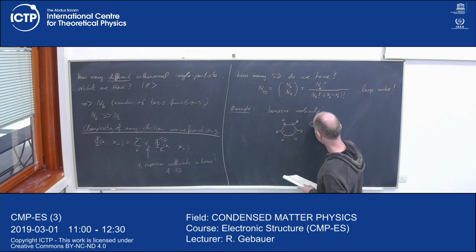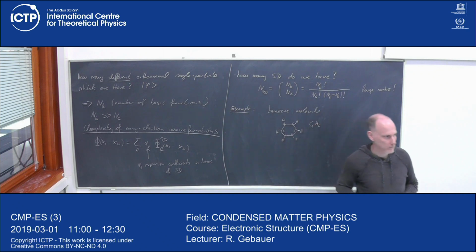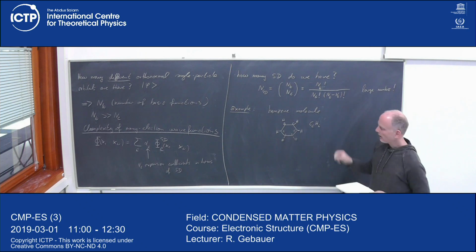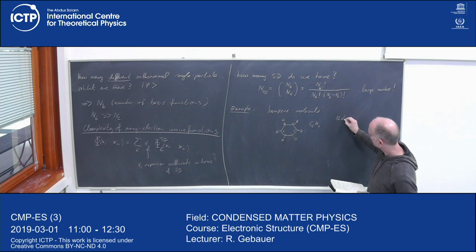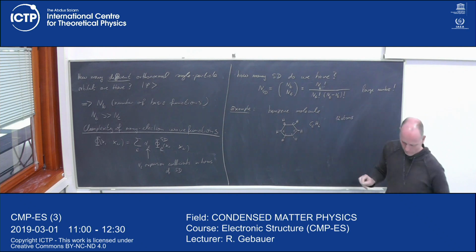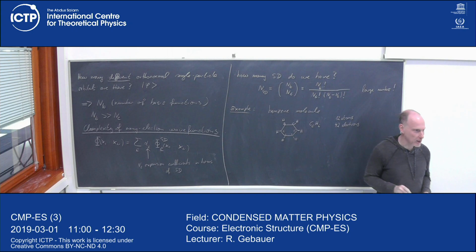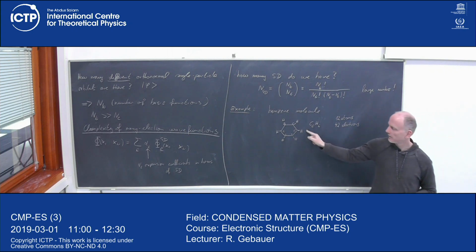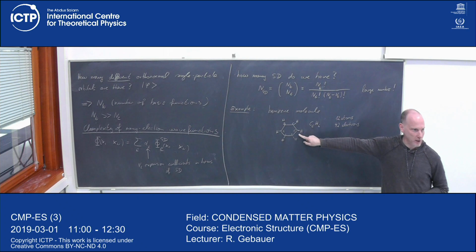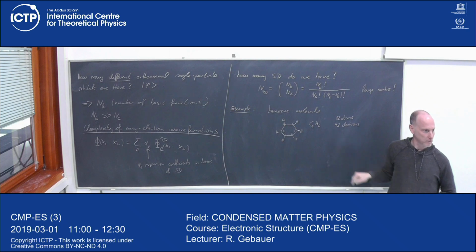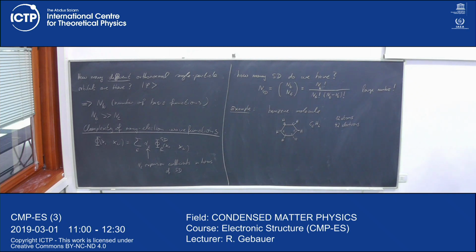So this is C6H6, which has 12 atoms and 42 electrons. Every carbon has 6 electrons, so 6 times 6 is 36 electrons from carbon, plus the 6 electrons from the 6 hydrogens makes 42 electrons. So this is not really a small thing which we might want to calculate.